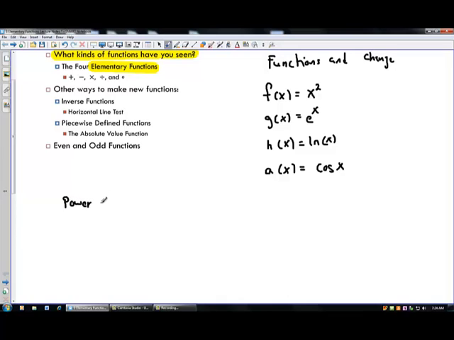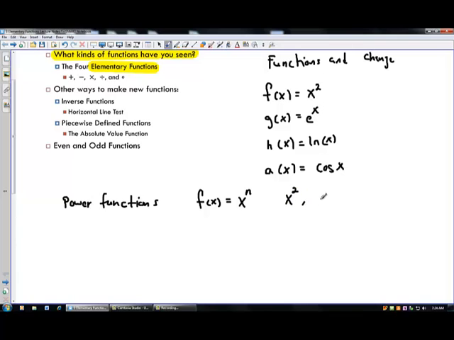So we have what are called power functions, and that's what we're going to focus on mainly today. Power functions look like this. We'll use f of x for our function, and it looks like x to the n, where n can be any number. So you could have x to the 2, like we do up here.